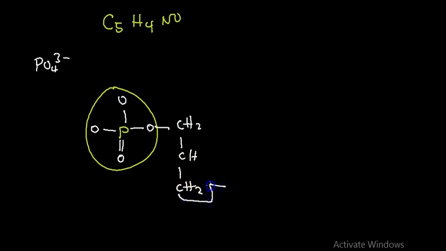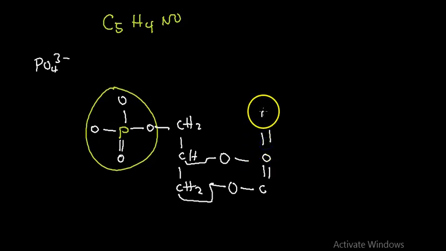Combined. It's supposed to be this way. I'm supposed to do it upside down, but yeah, we can manage it this way also. You can have a double bond and oxygen here, another double bond, and we have oxygen. But everything here is supposed to be in the same cycle.